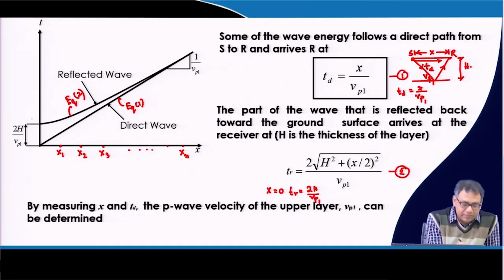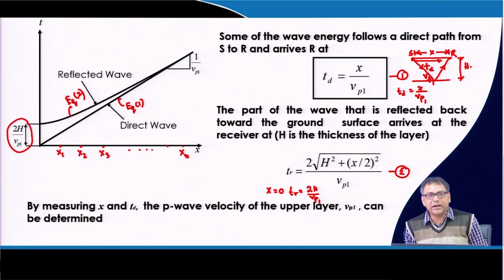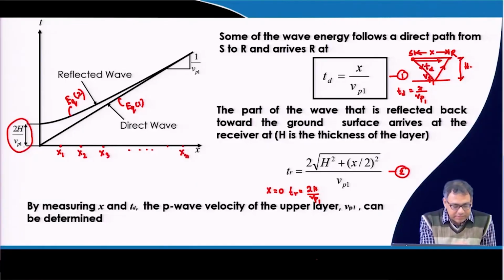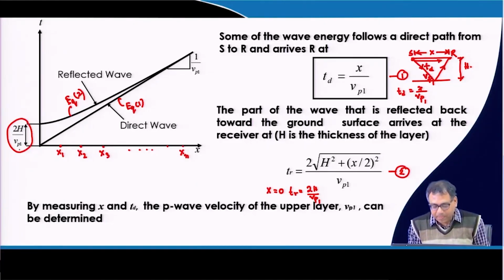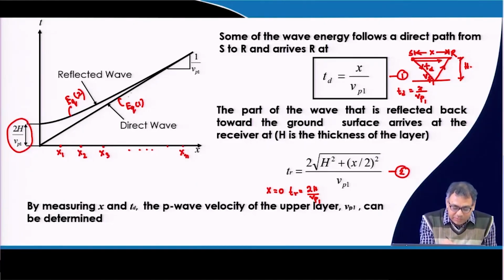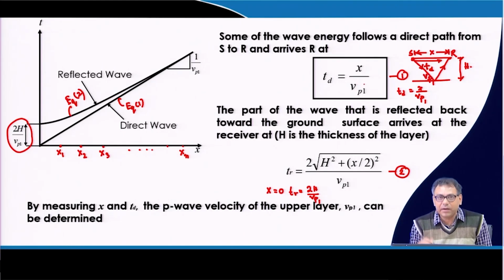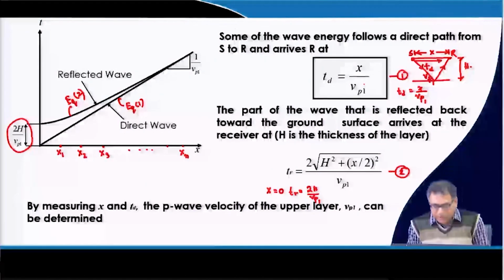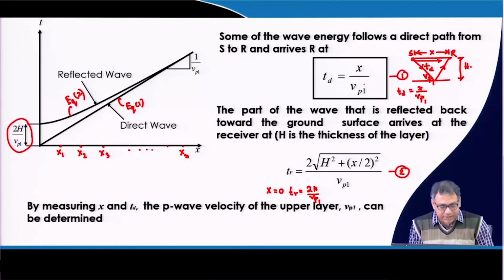So, this is the value 2h by Vp1 at x equal to 0. Now, from equation number 1, the slope will give us 1 by Vp1. So, from equation number 1 I will get the velocity of the layer, and from equation number 2, putting x equal to 0, I will get the TR.